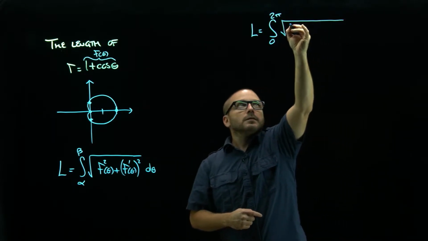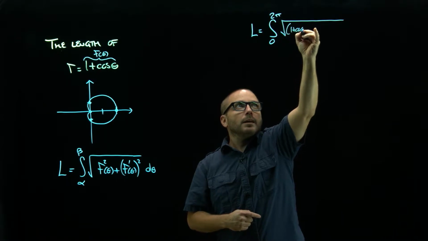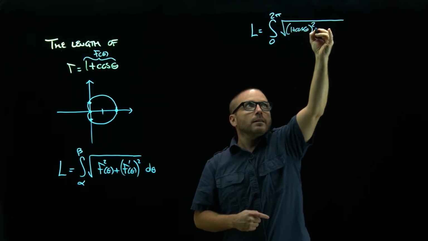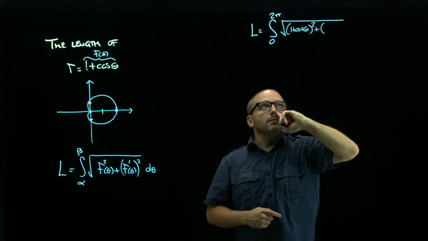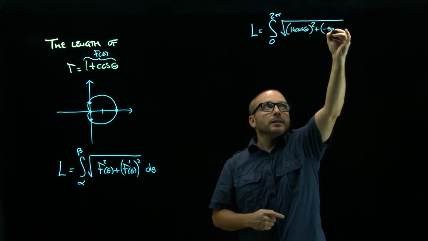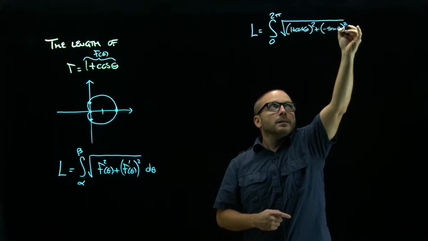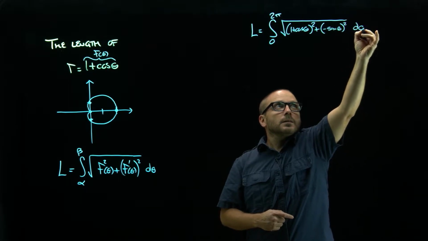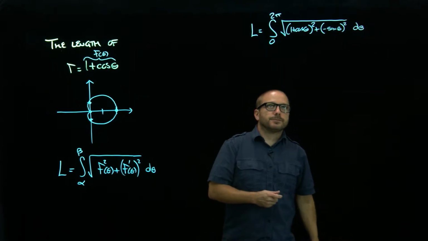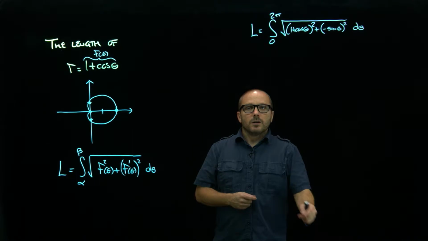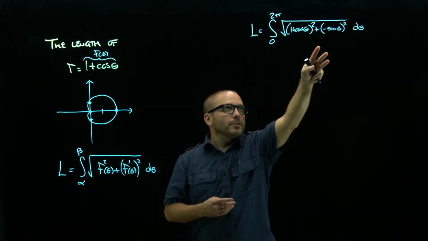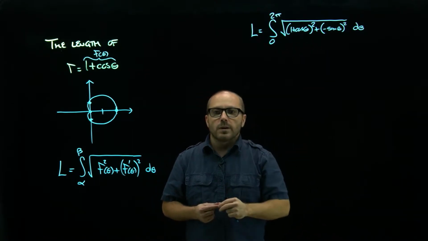The function, 1 plus cosine theta squared, plus its derivative, which is negative sine theta squared. Now, typically, we're hoping for some identities here. We've got sine squareds and cosine squareds.